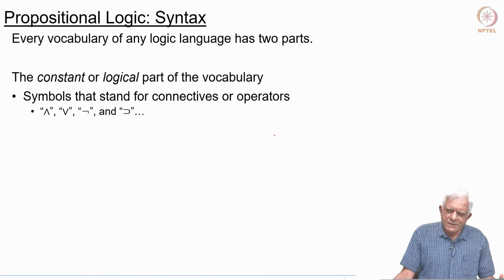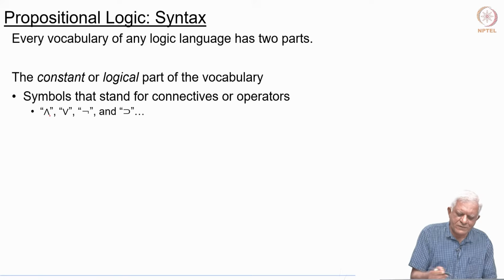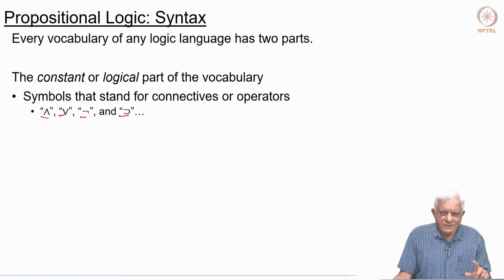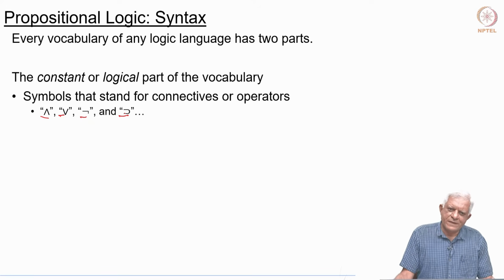The constant or logical part, which is there in practically all languages that have been devised, is the set of symbols that we have already seen. By now we have got so used to calling them by their names that we might as well do it here: and, or, negation, implication. But as far as the syntax is concerned, there is no association with the truth table that we associate with AND.